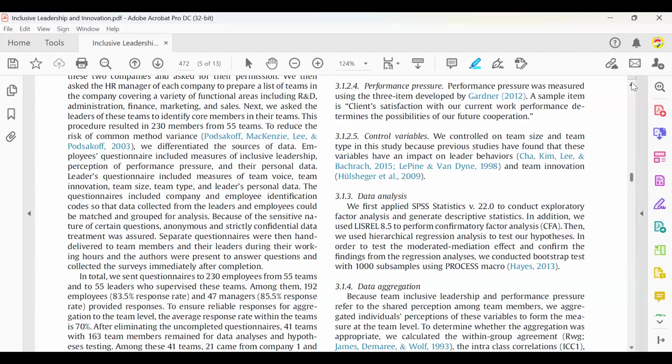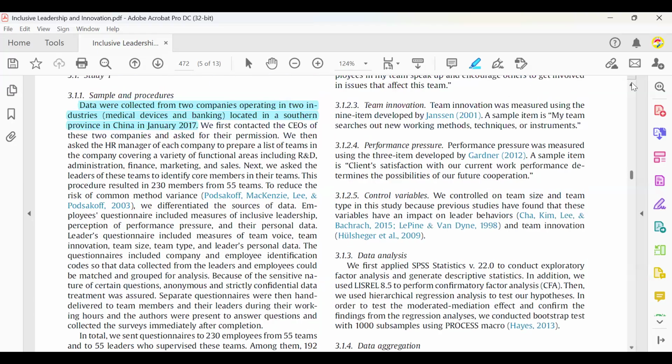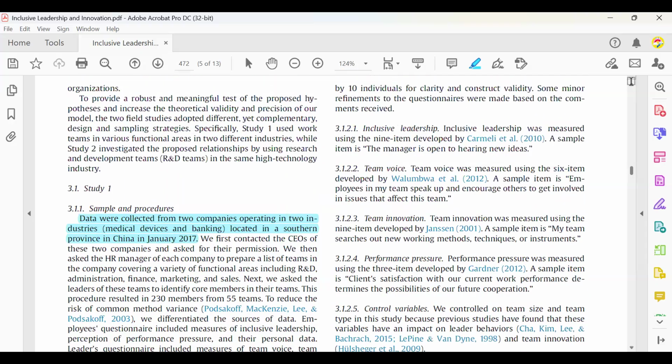I will highlight, though, that here, in this case, we are talking about inclusive leadership. So just let us highlight how inclusive leadership was measured. That's very important, okay?